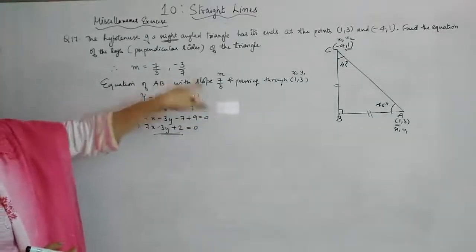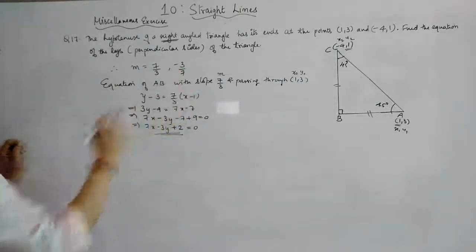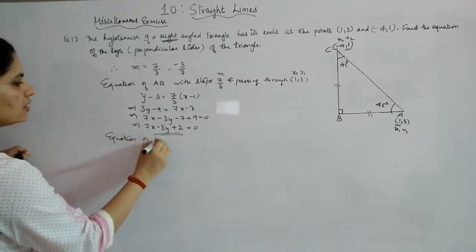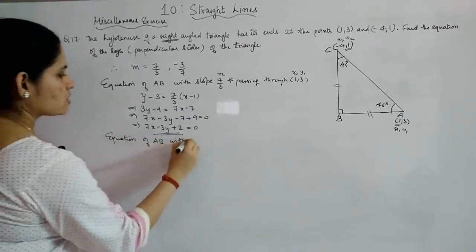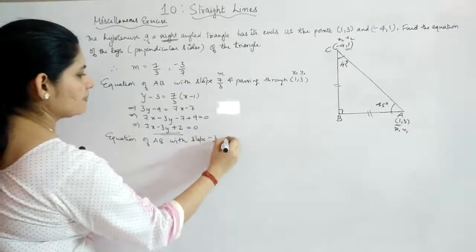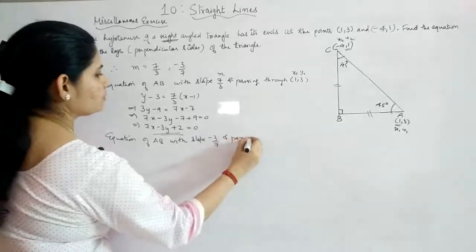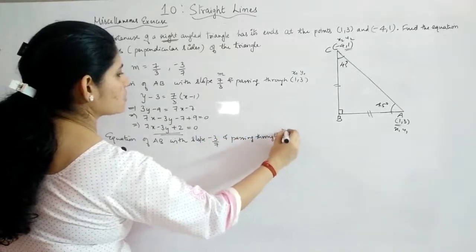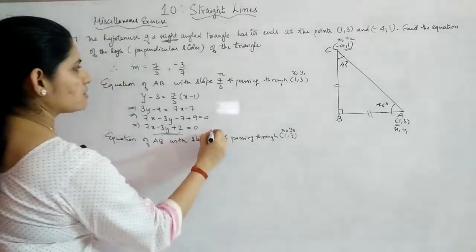Now with slope minus 3/7 but passing through the same point, the equation of AB with slope minus 3/7 and passing through 1,3. So this is now acting as x naught, y naught, and this is your m.